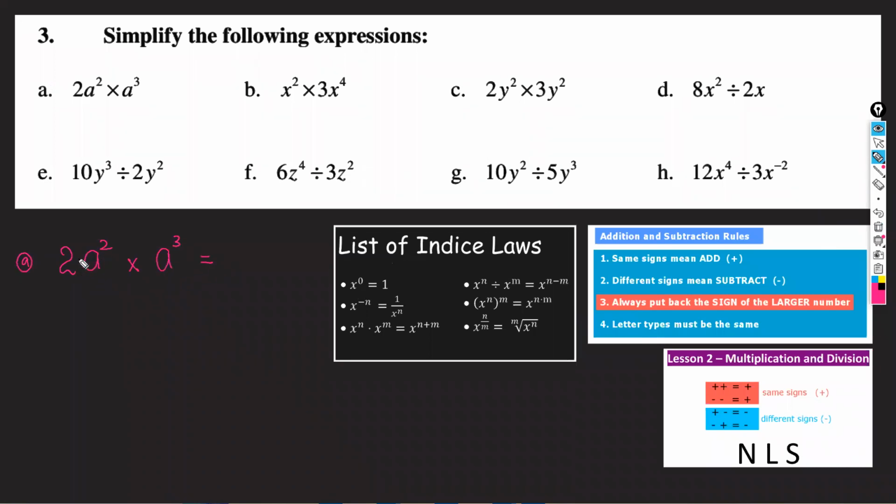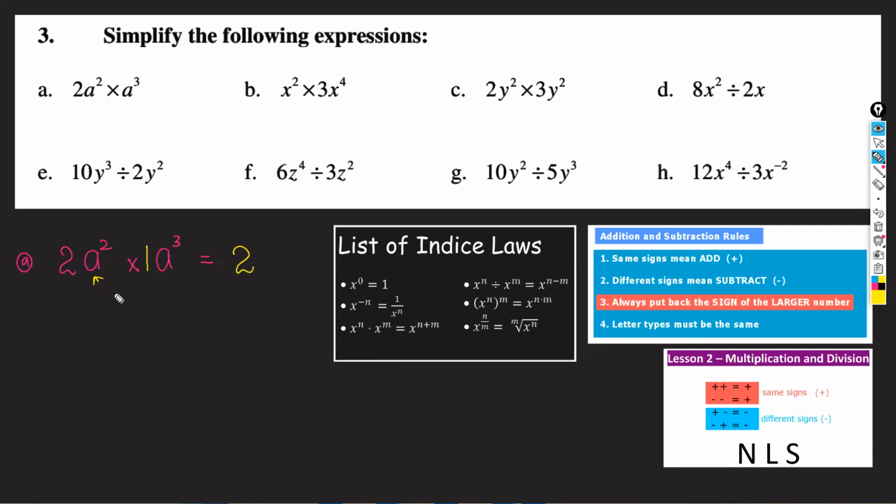You see how this a squared has a number in front, and the examiner was stingy and did not waste ink to put a number here? Well, you have to know better than that, right? You have to know it's a 1. So using the multiplication and division rules, let's multiply the numbers first. 2 multiplied by 1 is 2.